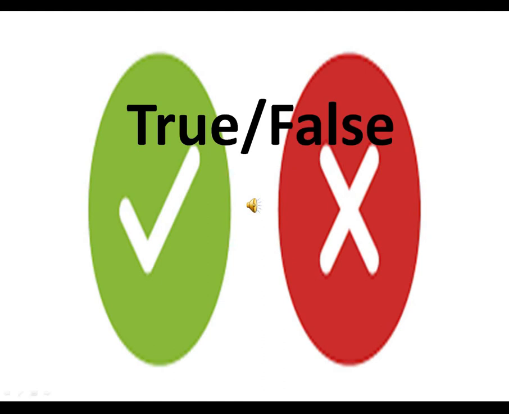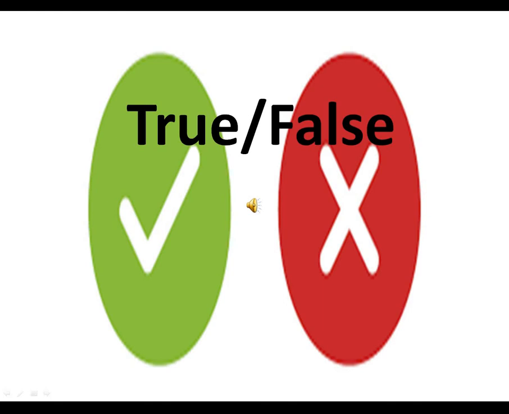So the very common type of question that you get to see in unseen passages is the true-false question, where you have to assess whether the given statement is true or not, and based on that you have to write either true or false. Now students, you have to keep in mind that just now I had said about writing the answers in full sentences. Now this is something which cannot be written in full sentences.